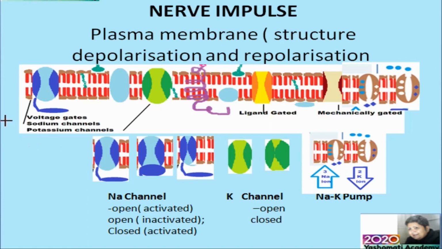Voltage gates are those which are sensitive to voltage occurring in the plasma membrane. These gates open at a specific voltage and shut at a specific voltage, and during that specific time period only they will be conducting the ions. They are of two different types, named sodium channel and potassium channel.